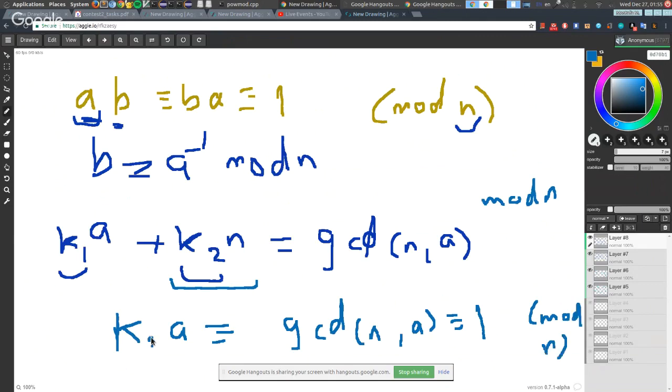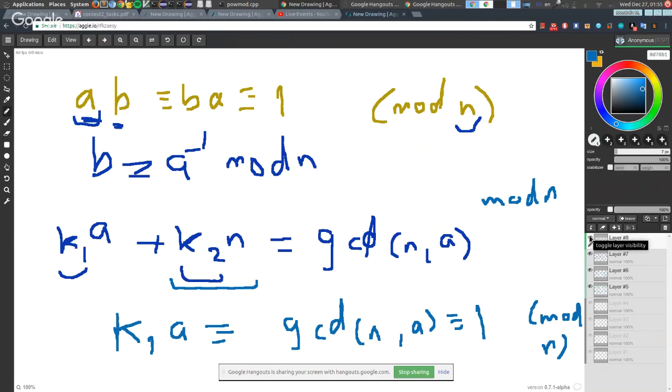So basically, this is how to find the inverse: we find it from the coefficient of a when we run the extended Euclidean algorithm. This is the first way.